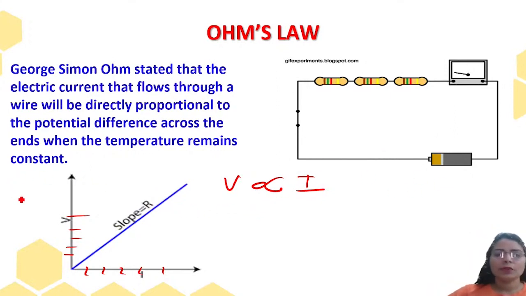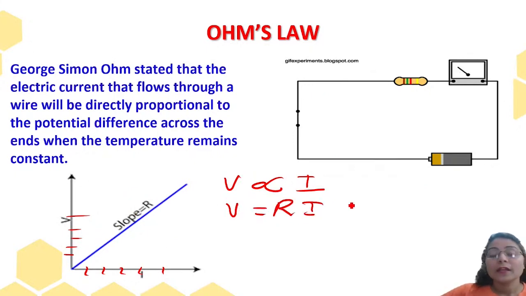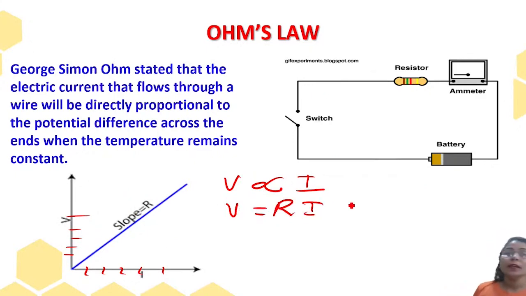So I can say voltage is directly proportional to I, and they have named the constant of proportionality. What is that constant of proportionality called? It is defined as resistance.